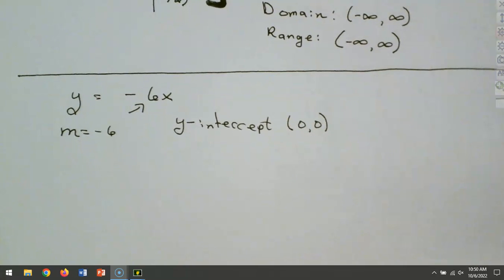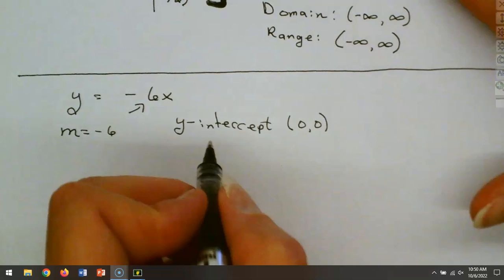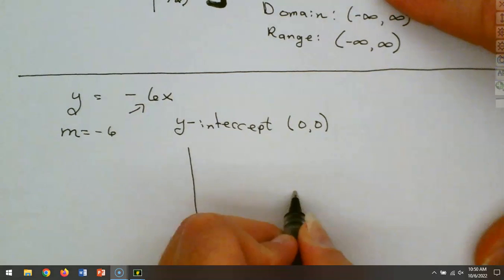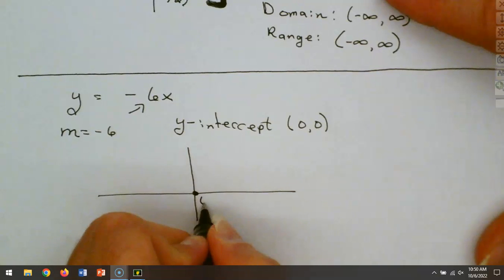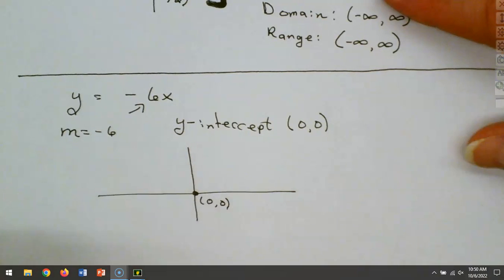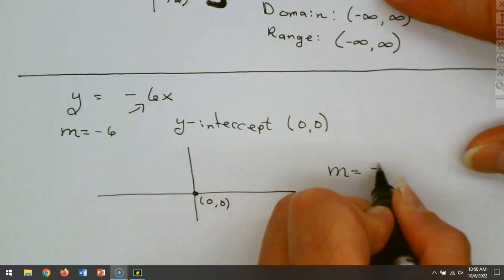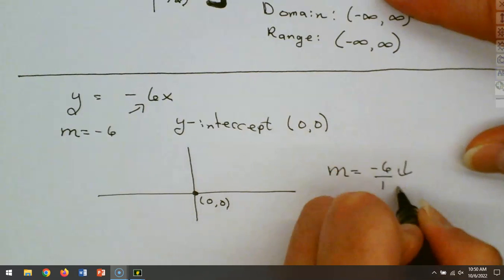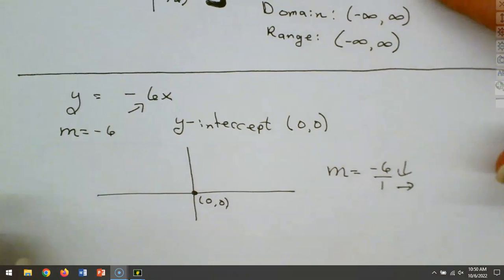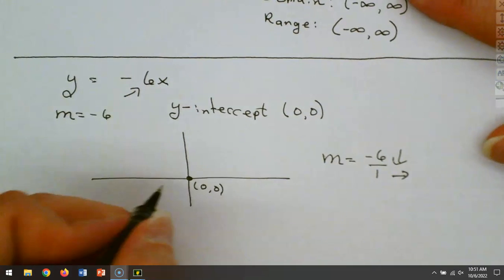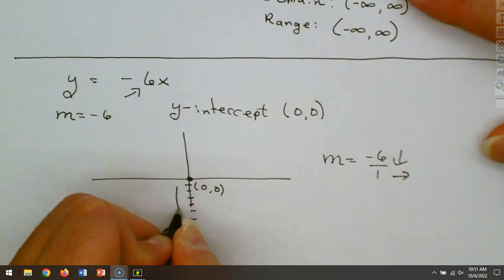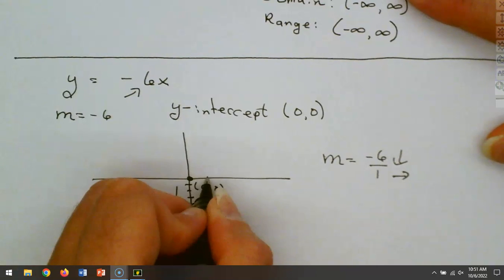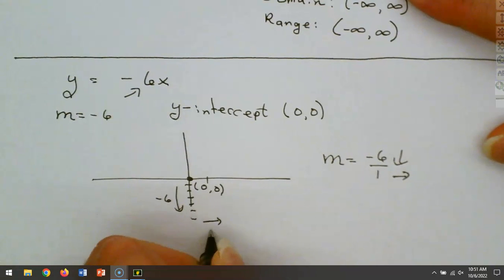So, how would you graph this line? Where would you start at? 0, 0. And my slope is negative 6 over 1. So we go down 6 units and over 1. Down 6, over 1.